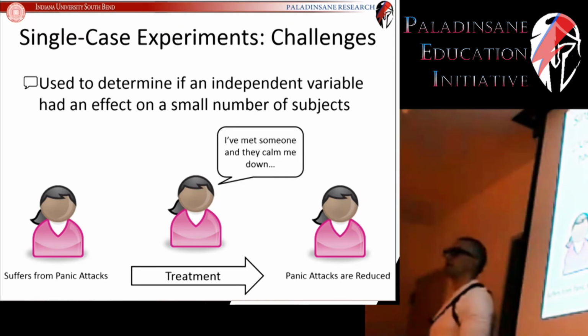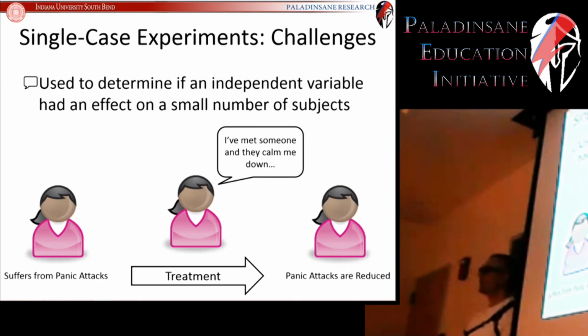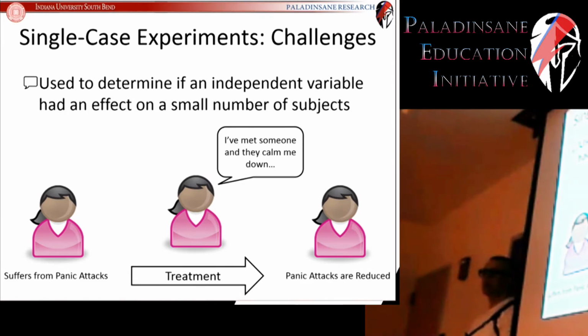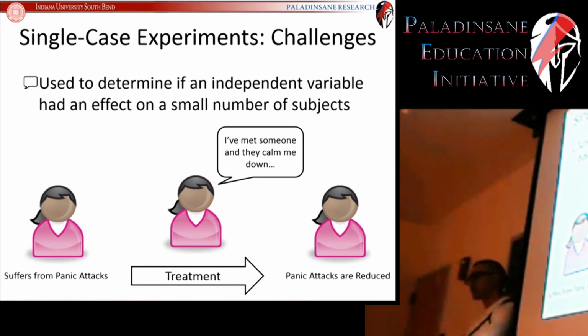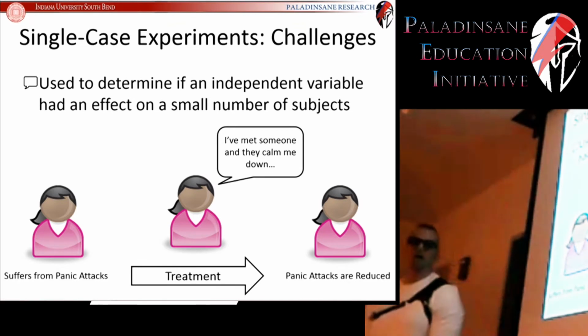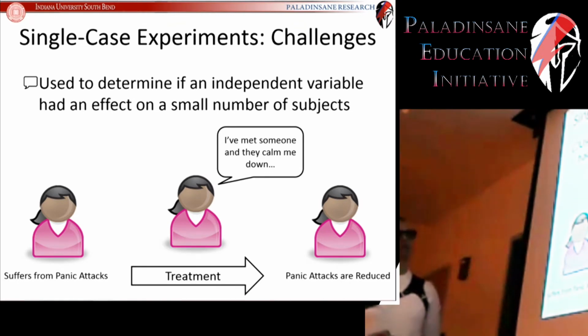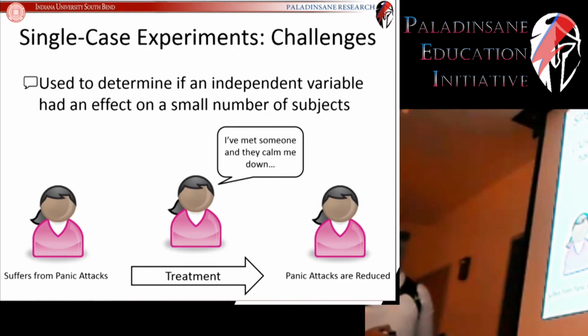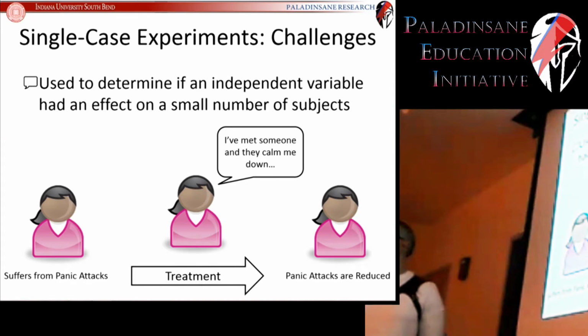But maybe they met somebody. Maybe they met someone who just has the ability to calm them down. Maybe they've been spending a lot of time with another individual who recognizes the signs of panic attacks, and whenever they start having a panic attack, that person is able to talk them down from the attack. In which case, once again, your treatment does nothing, but it's this other person that they met that calmed them down.